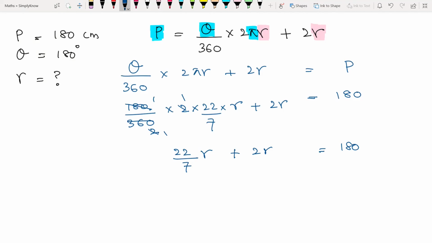Now, what I do is I'm going to get rid of this 7. So for that, I need to multiply each term by 7. Right, let's do it.